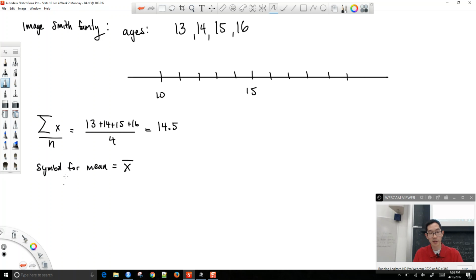X bar. This is the symbol for the mean of a sample. So we have X bar, and I draw my 13, 14, 15, and 16, my balance point right here, 14.5.